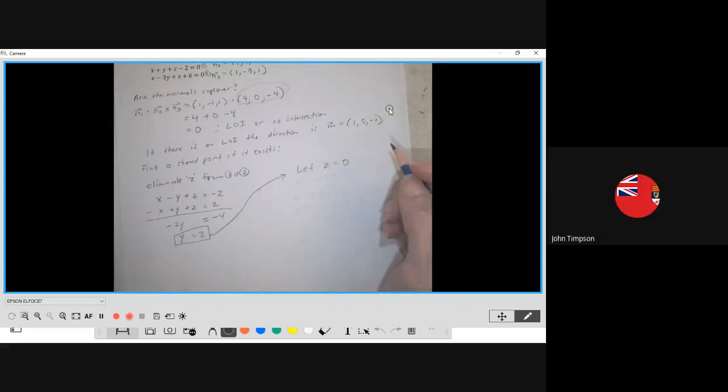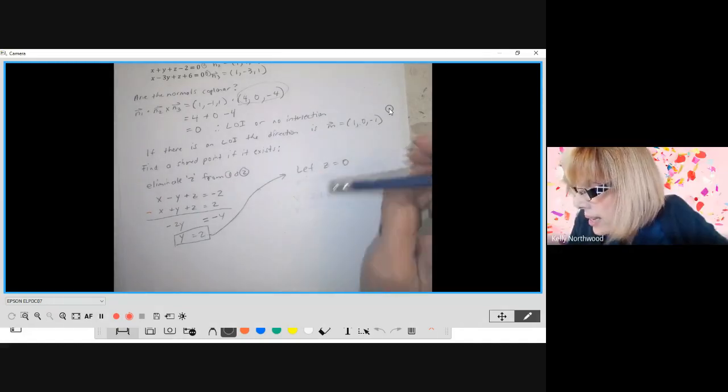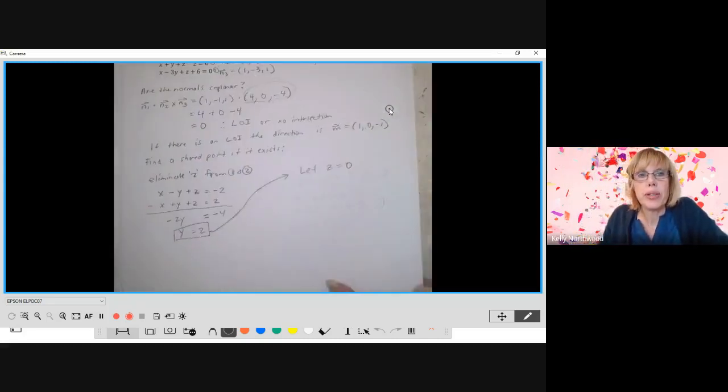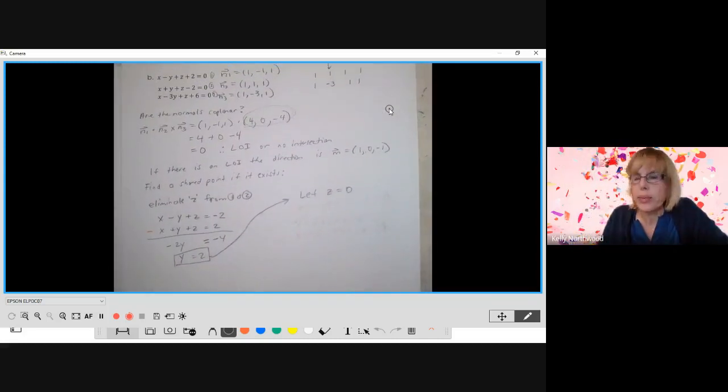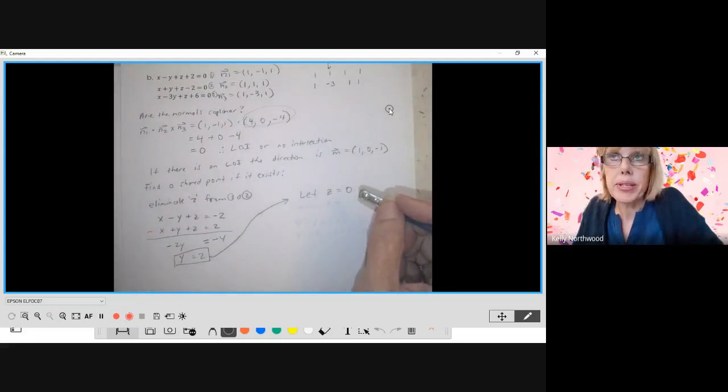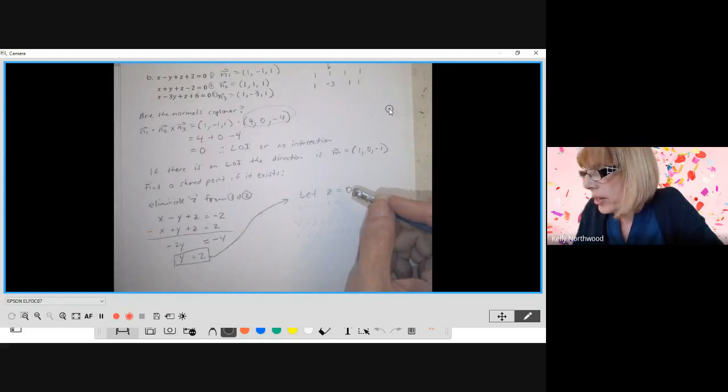No worries. This is just the solving process of doing these questions. It is. So if we let z equal 0, we're assuming there's a point, and then we have to go and check if there is one or not. Whereas if we don't let z equal 0, we can get that either 0 equals 0 or 0 equals a number, so we can tell the difference between triangle and line of intersection.